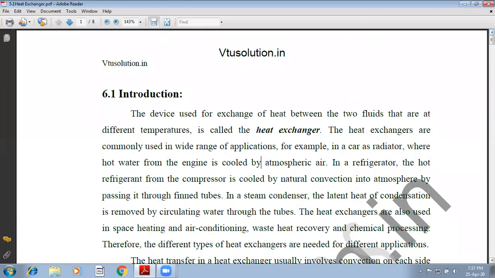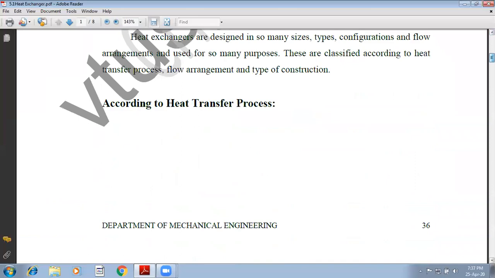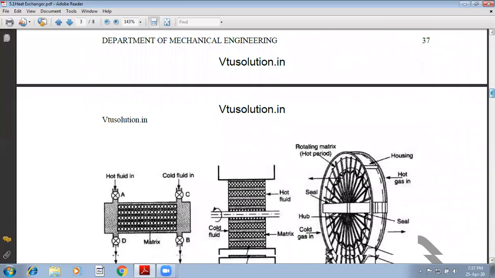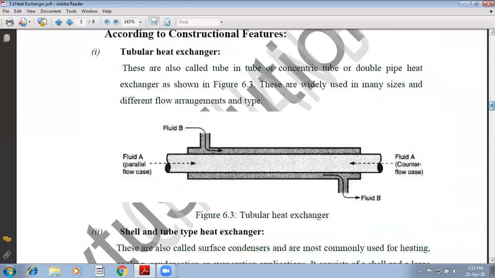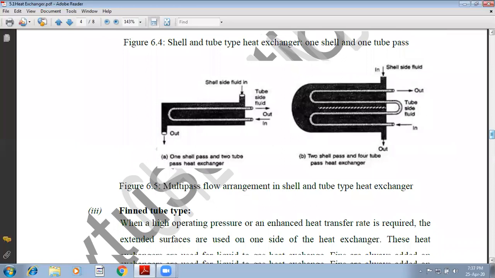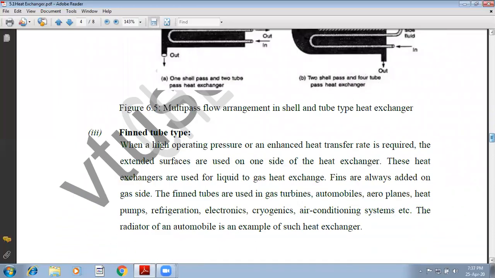The next type of heat exchanger is fin type. We have already discussed a fin is nothing but an extended surface which is used to enhance the heat transfer.